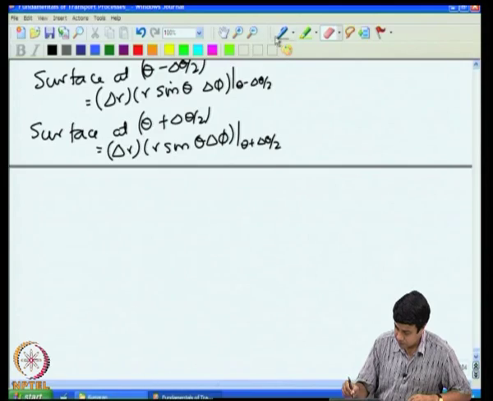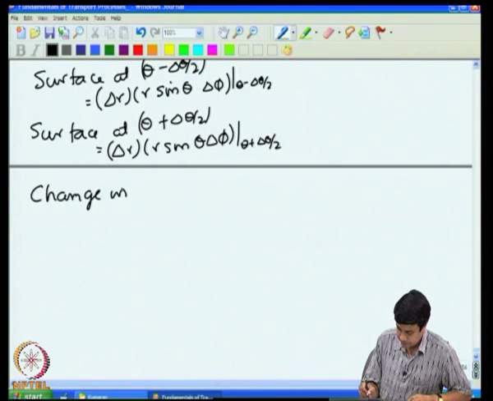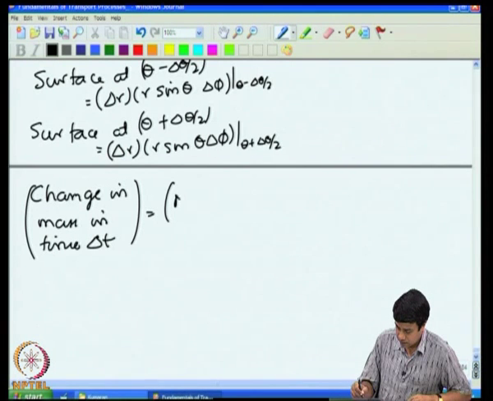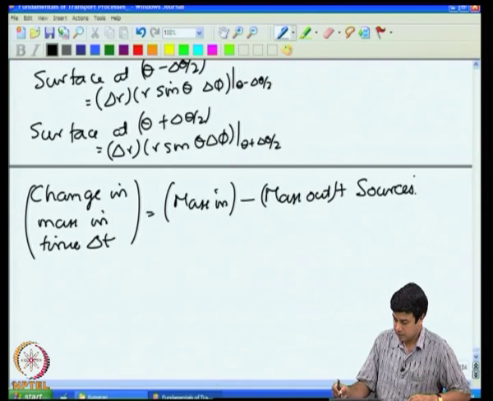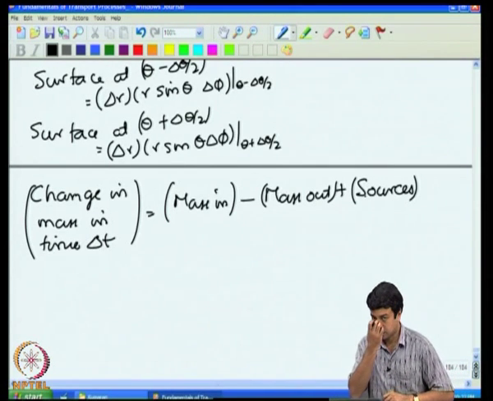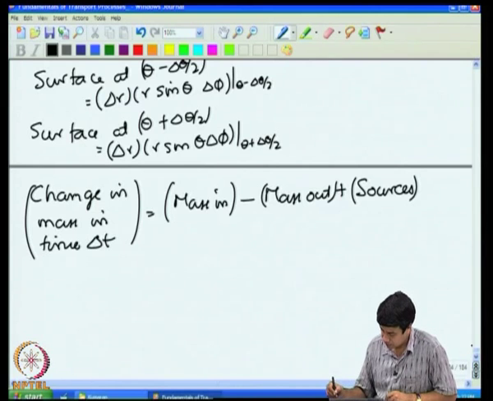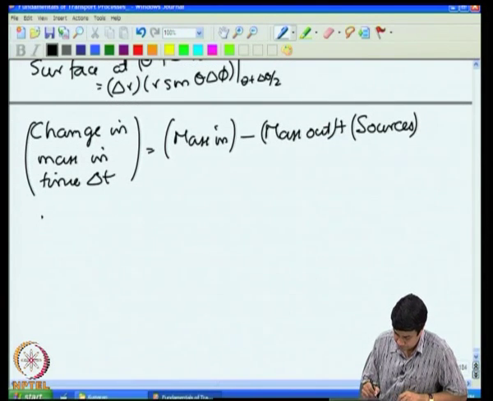The balance equation basically is that the change in mass in time delta t is equal to mass in minus mass out plus any sources or sinks that are there. So, what is the change in mass in time delta t?